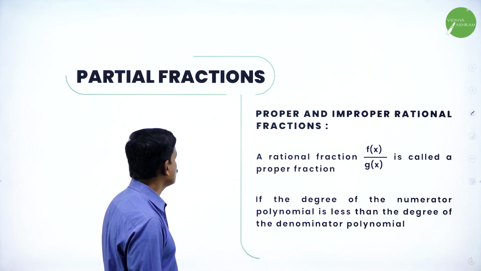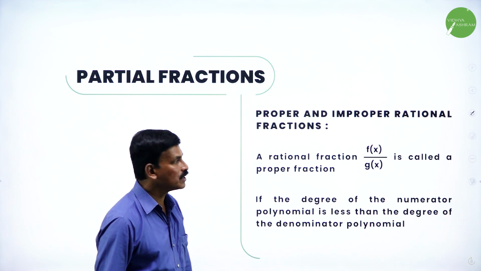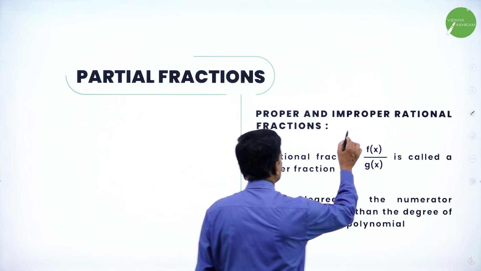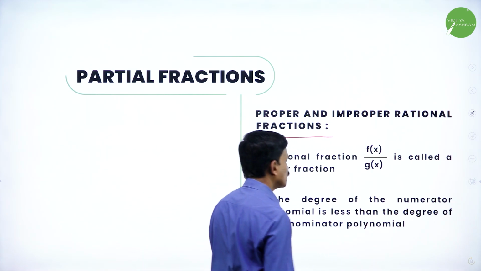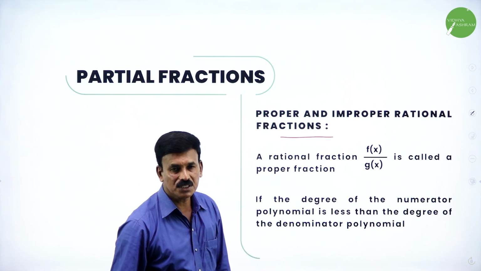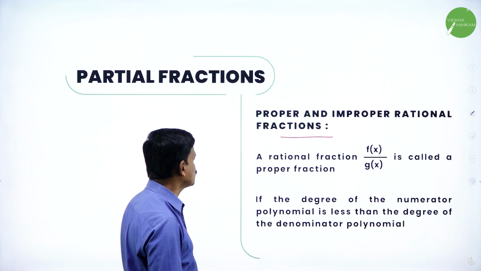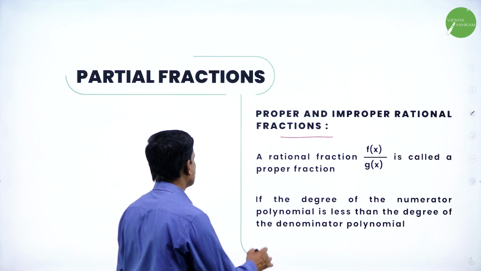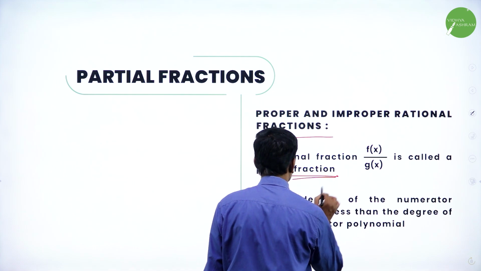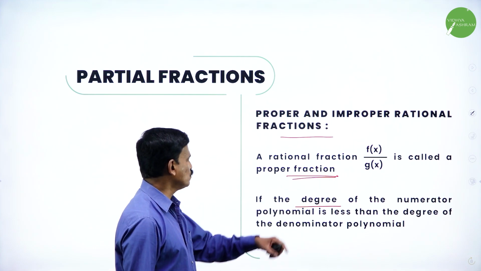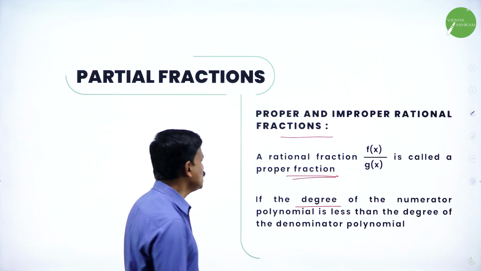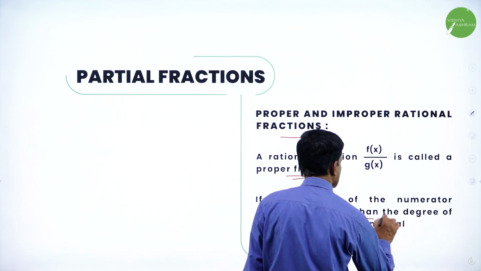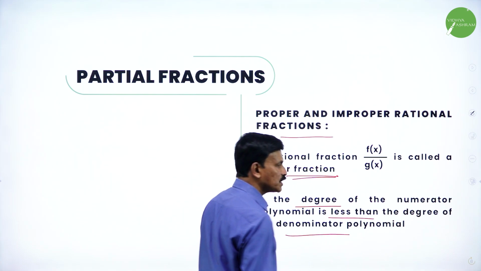Now, let us move on to proper and improper rational fractions. A rational fraction f(x) by g(x) is called a proper fraction if and only if the degree of the numerator polynomial is less than the degree of the denominator polynomial.